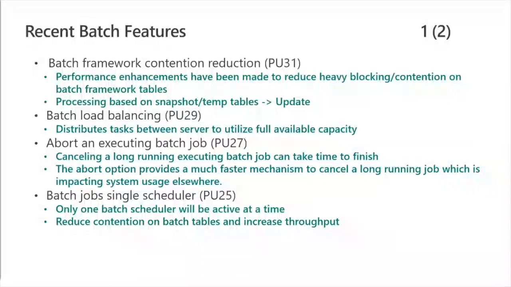This should work in most scenarios, but it's important to be aware that this is something you shouldn't do without understanding the implications of aborting a batch job. Depending on what the batch job is actually doing and at what time you would abort it, this could lead to data corruption.